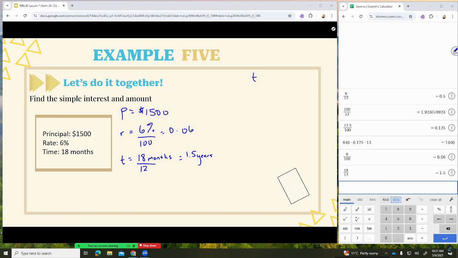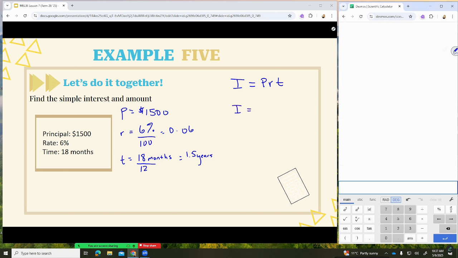Now that we have identified our P, R, and T, we can plug it into the formula. Interest equals PRT. So interest equals, instead of P, we're going to plug in 1,500 times R, 0.06, times T, 1.5.